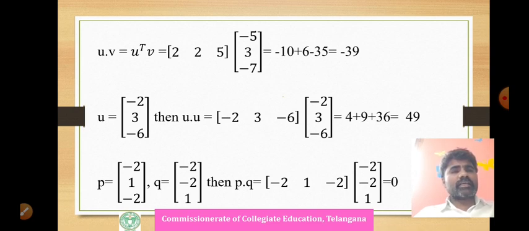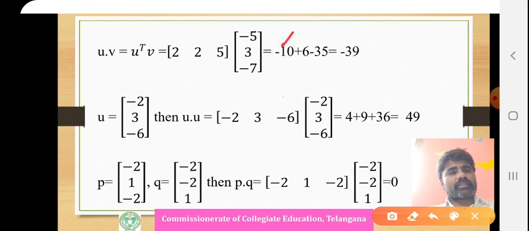That means the inner product is a scalar quantity. 2 into minus 5 is minus 10, 2 into 3 is 6, and 5 into minus 7 is minus 35. The value is minus 45 plus 6, which is minus 39. This is the inner product of two vectors, which is always a scalar.